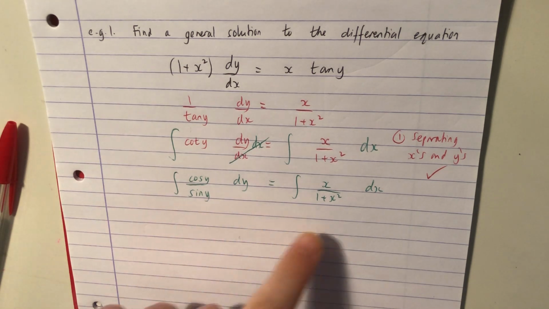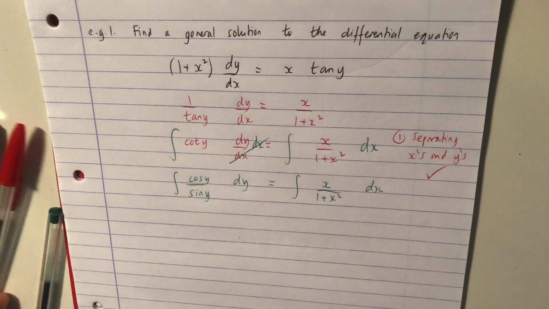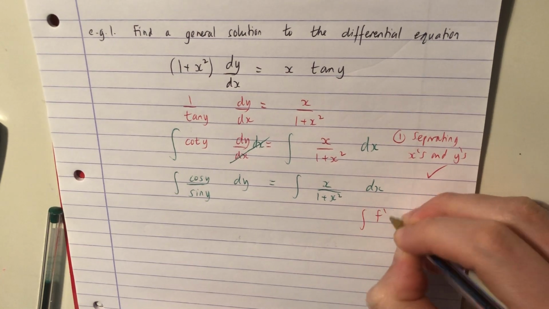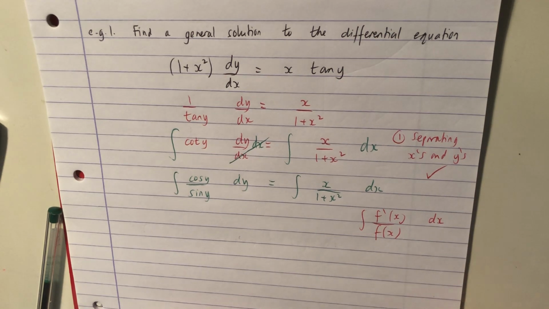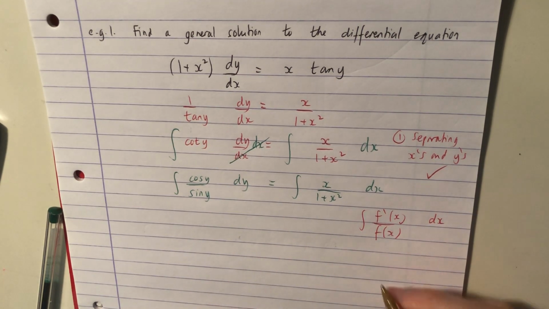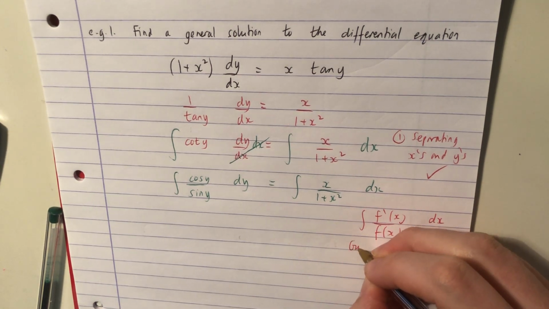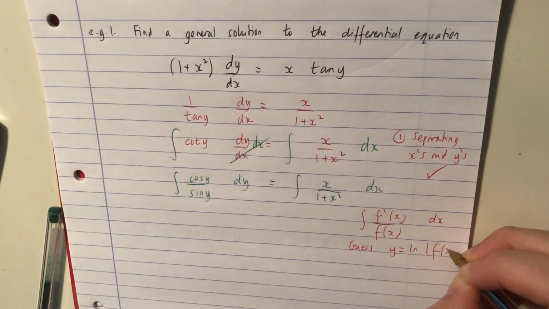And both of these are examples of pattern spotting. The pattern which you need to spot with this is the following: integrating f dashed of x over f of x dx. All of these are connected to this pattern, and when you know that, then your guess would always be ln of the denominator.